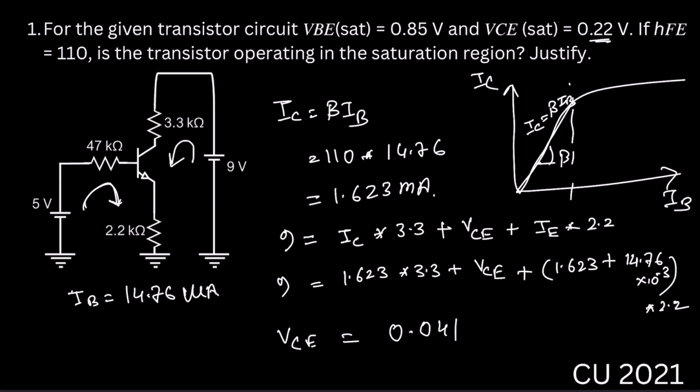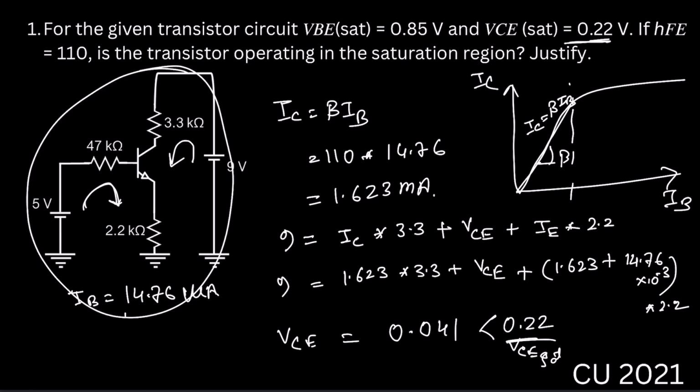0.041, right? You can see here in the question they provided the VCE saturation value is 0.22 volt. That means the VCE is less than the VCE saturation of 0.22. So if the value of VCE is less than the VCE saturation, then we can say that this transistor works in the saturation region.